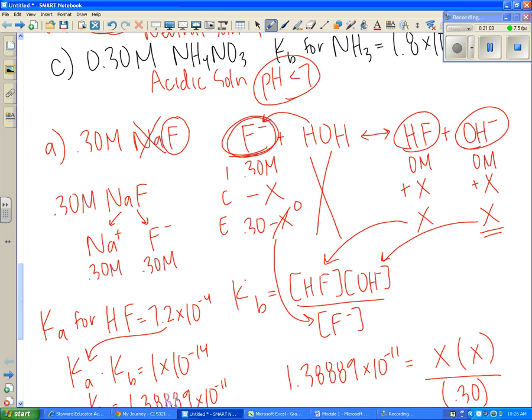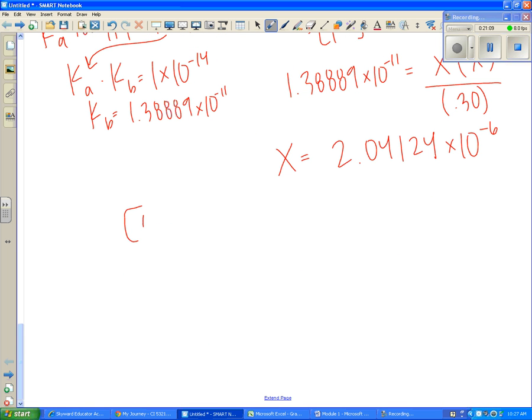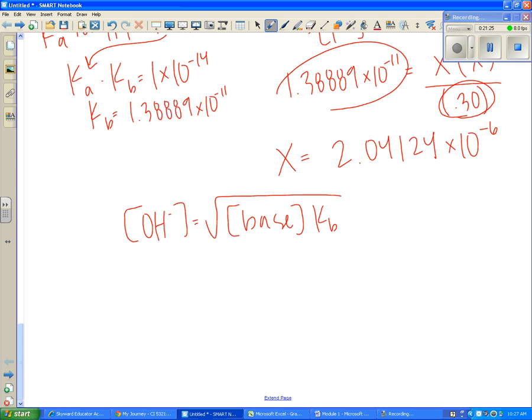And aren't we looking for the hydroxide ion concentration? For a weak base, what's true about the hydroxide ion concentration? Isn't that the math that we literally just did? Isn't this the concentration of the base? Didn't you multiply that by Kb? And then didn't you take the square root?